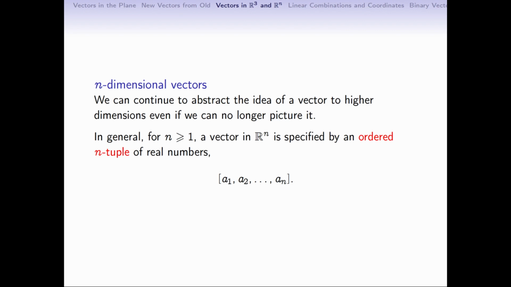Now, we can no longer picture these things once we get into 4 and higher dimensions. Nonetheless, the concept of a vector in these higher dimensional spaces will continue to be extremely useful to us.